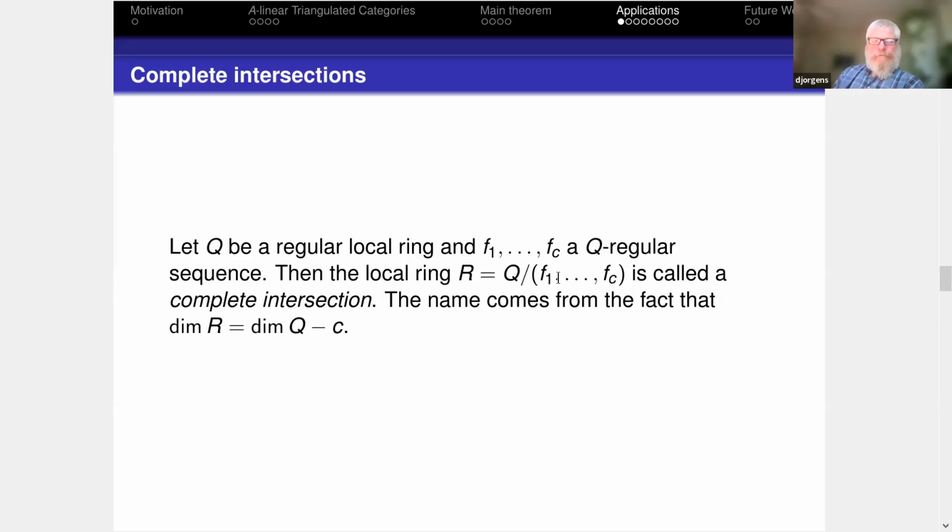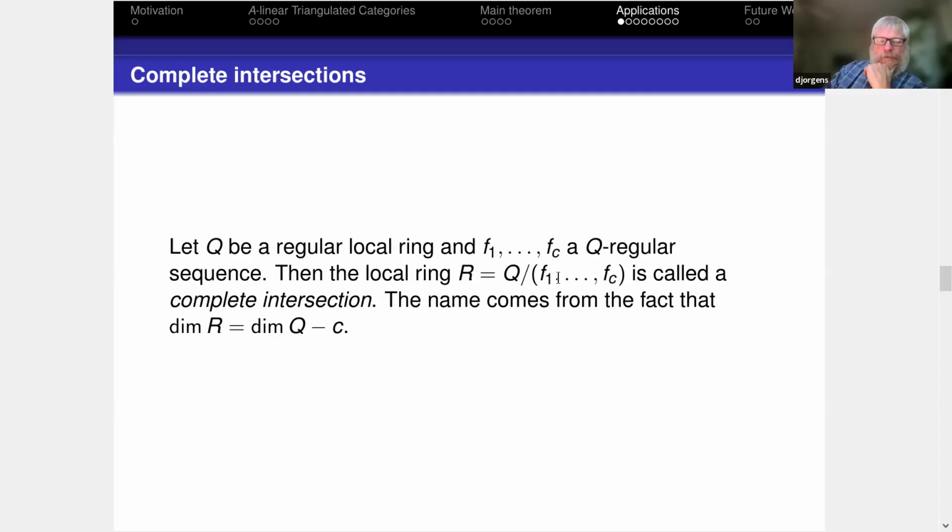So if we have a regular local ring Q and a sequence of elements in Q that form a Q-regular sequence, and we quotient out the ideal generated by that, then that's what we call a complete intersection. So what is a regular sequence?